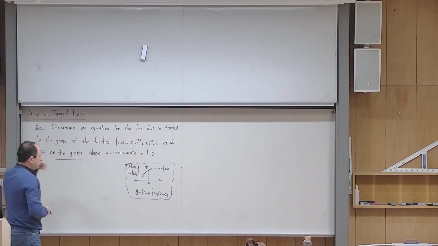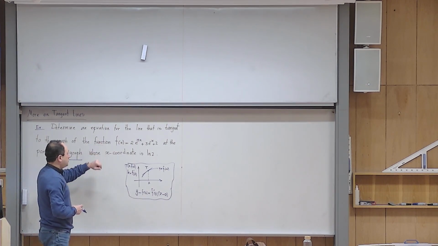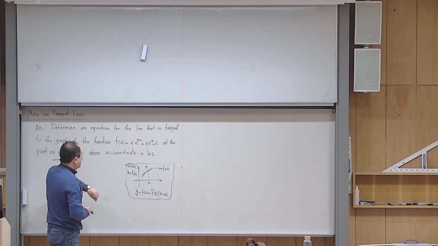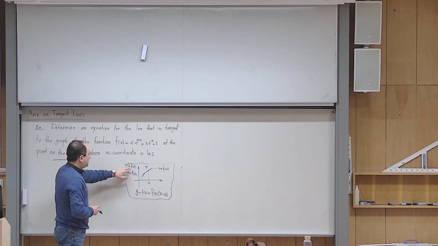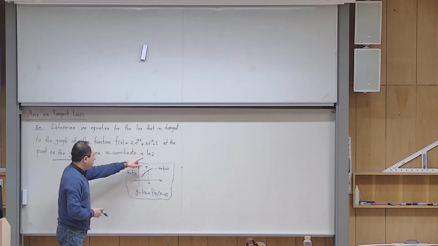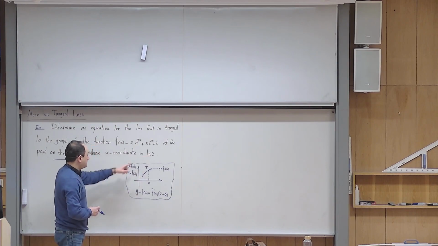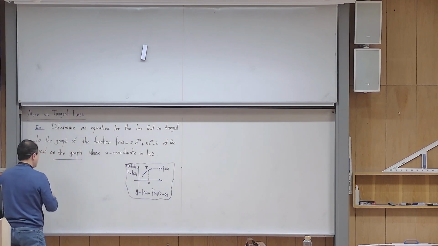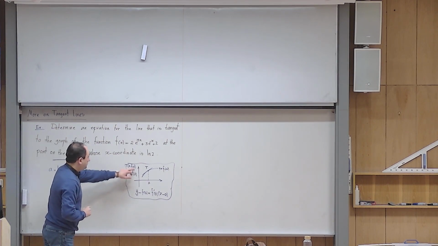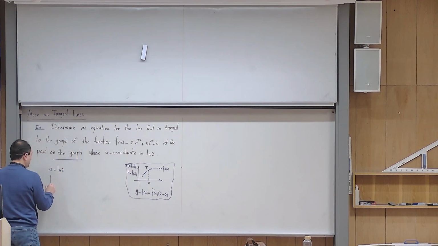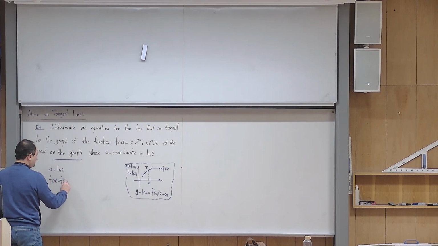Okay, so now what is happening here? First, I need to find the point of tangency. The x-coordinate is given to me, so this ln of 2 here is playing the role of this a. Yes, so a in this problem is ln of 2. What is f of a? f of a is f of ln of 2.